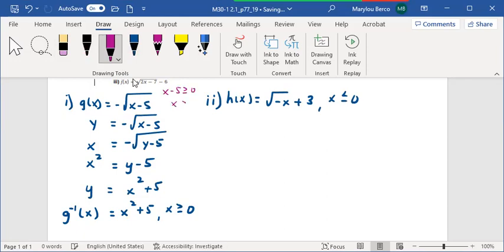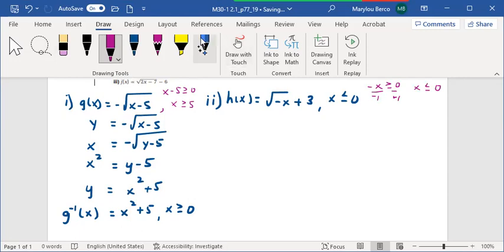So x is greater than or equal to 5. That's our restriction. If we take a look at this one, basically we have -x + 3 has to be greater than or equal to 0. Divide by negative 1, and our sign switches. x is less than or equal to 3.